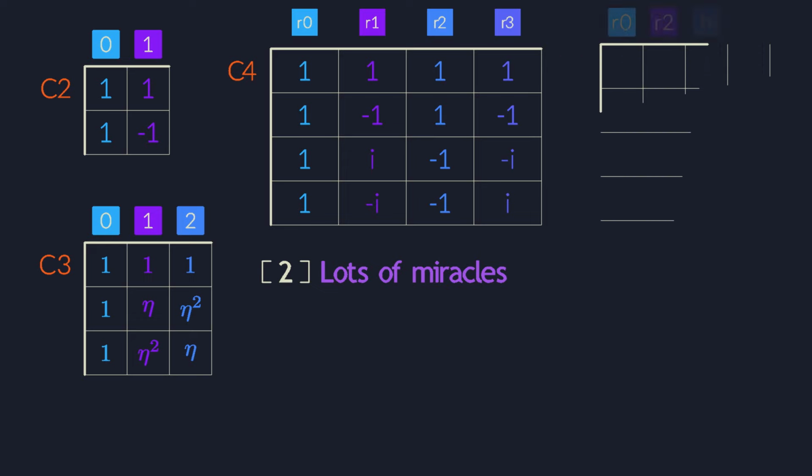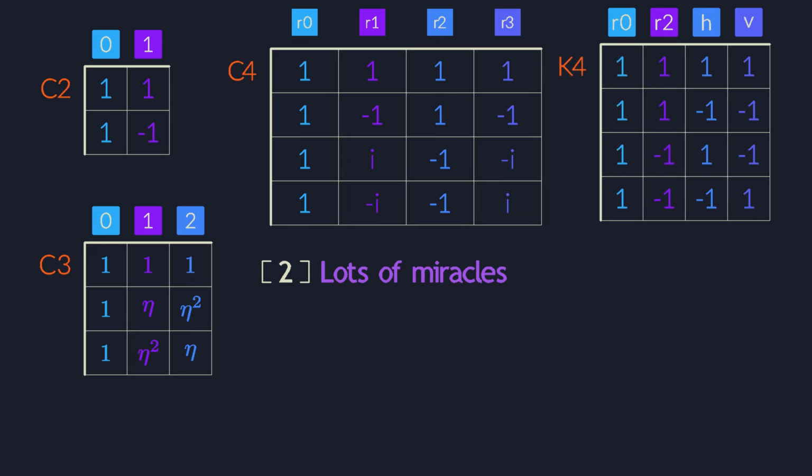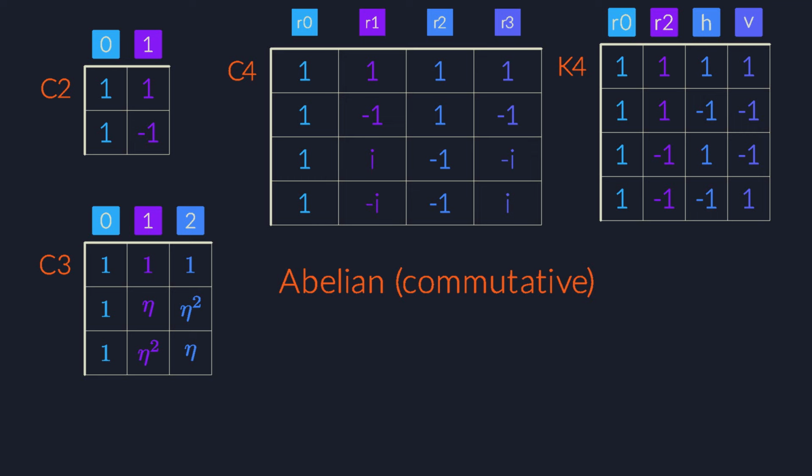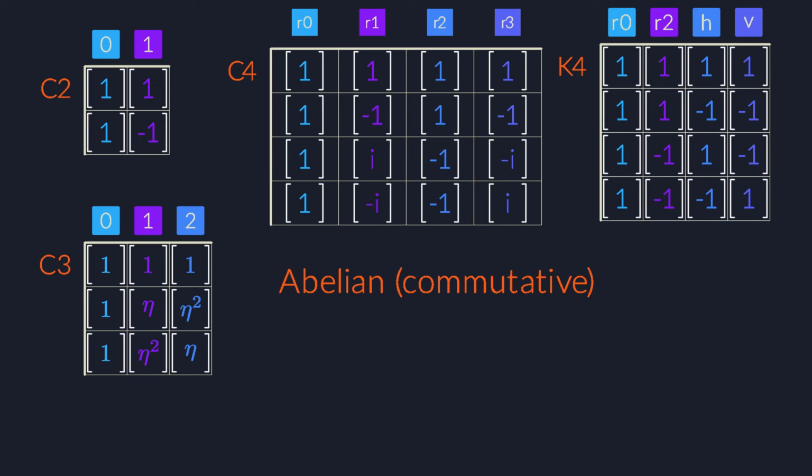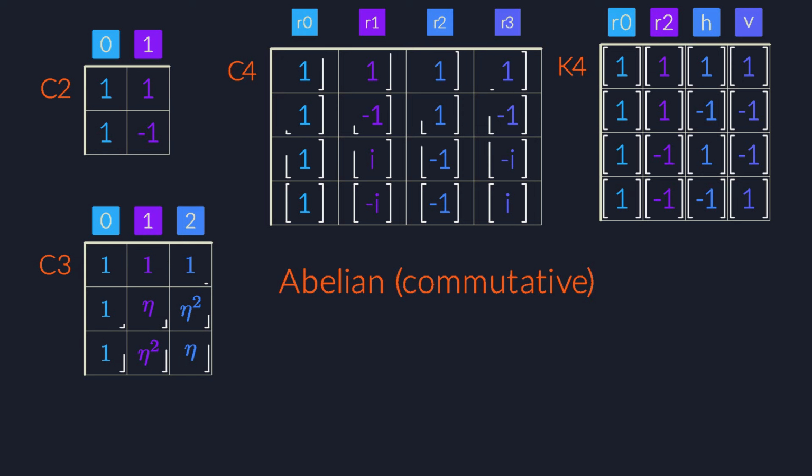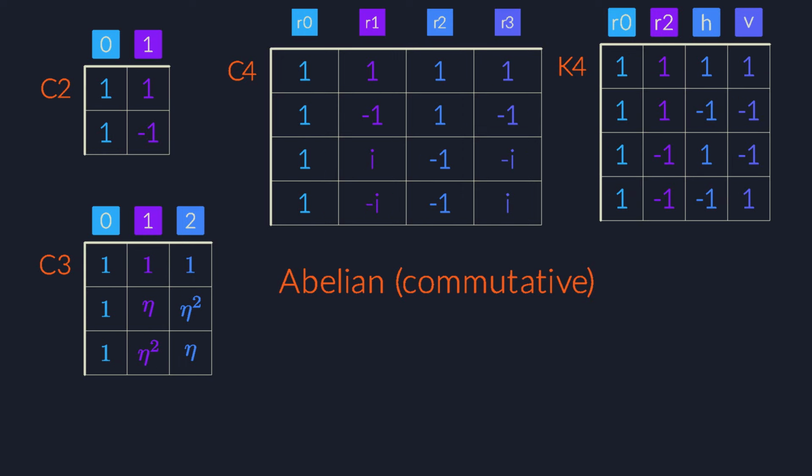I also show the Klein 4 group, which you can think of as the symmetries of a rectangle, including reflections. The reason I pick these 4 examples is because these are all Abelian groups. They are commutative. We learned in the previous video that Abelian groups can always be broken down into one-dimensional representations. And then all we have to do is remove their matrix brackets to obtain these character tables.